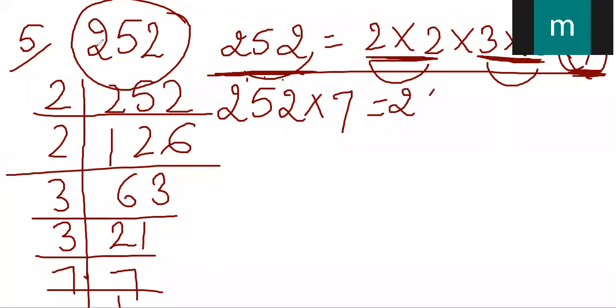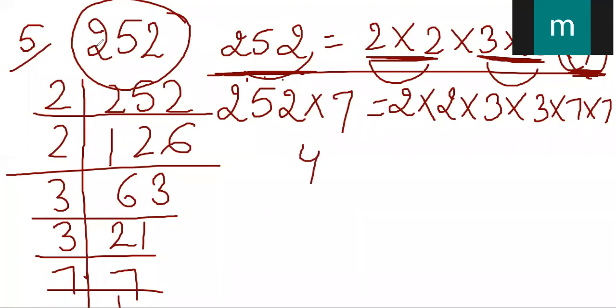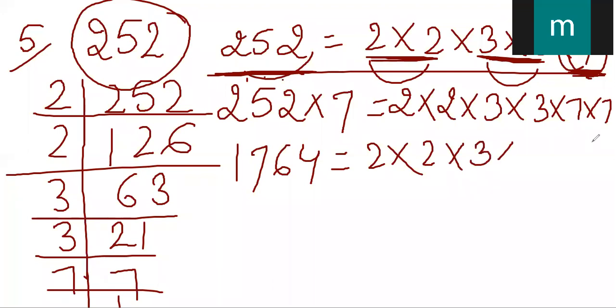If we multiply the number by 7, then here we will get one more 7, right? So 1764 is equal to 2 into 2 into 3 into 3 into 7 into 7.